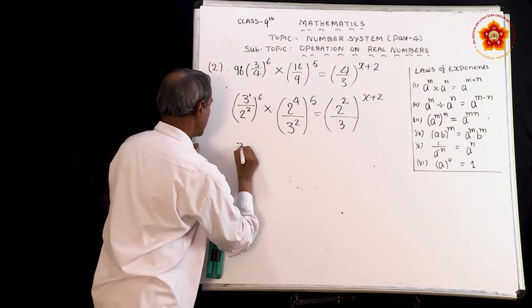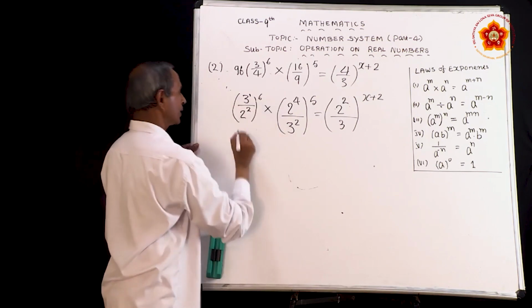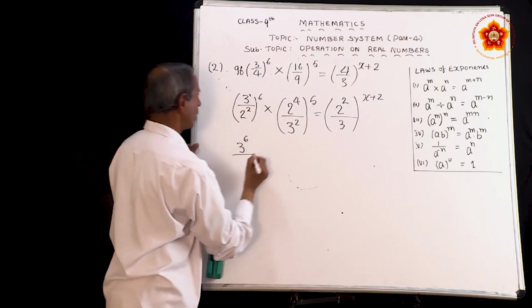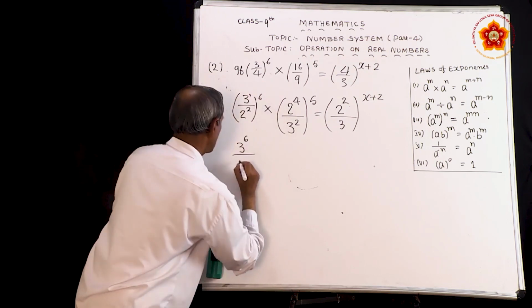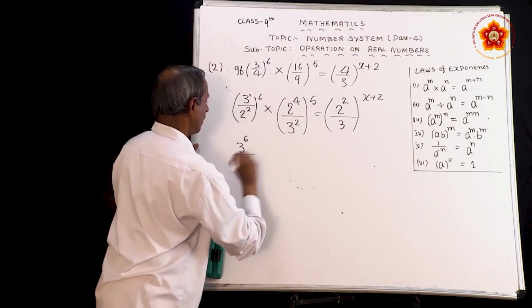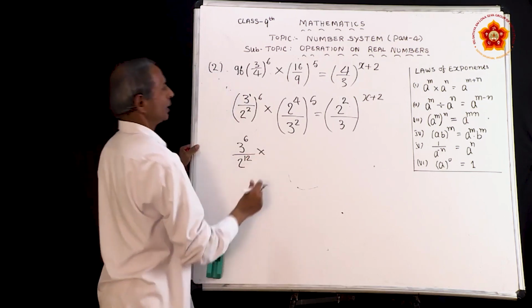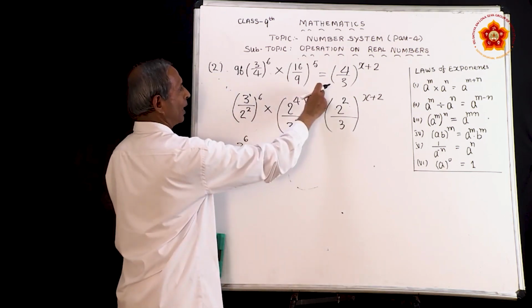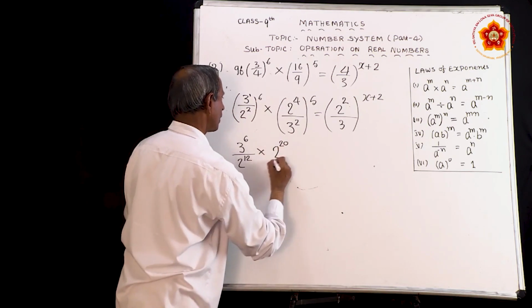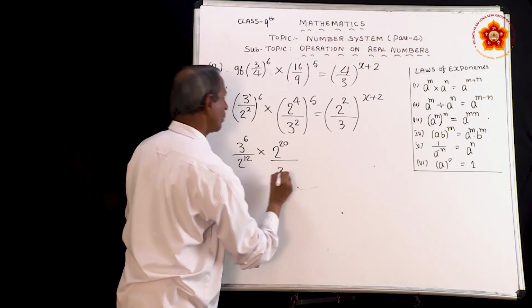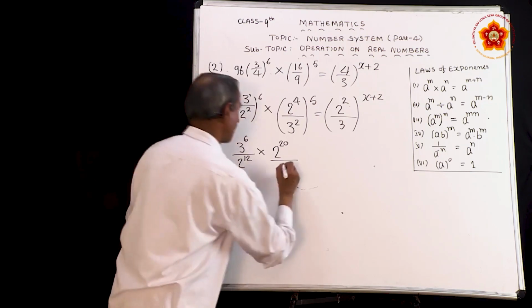You will get 3 raised to the power of 1 multiplied by 6, that is 3 to the power of 6, upon here the power is 2, 2 into 6 becomes 12, 2 to the power of 12, into 2 raised to the power of 4 multiplied by 5 becomes 2 to the power of 20, upon 3 to the power of 2 multiplied by 5 is 10.